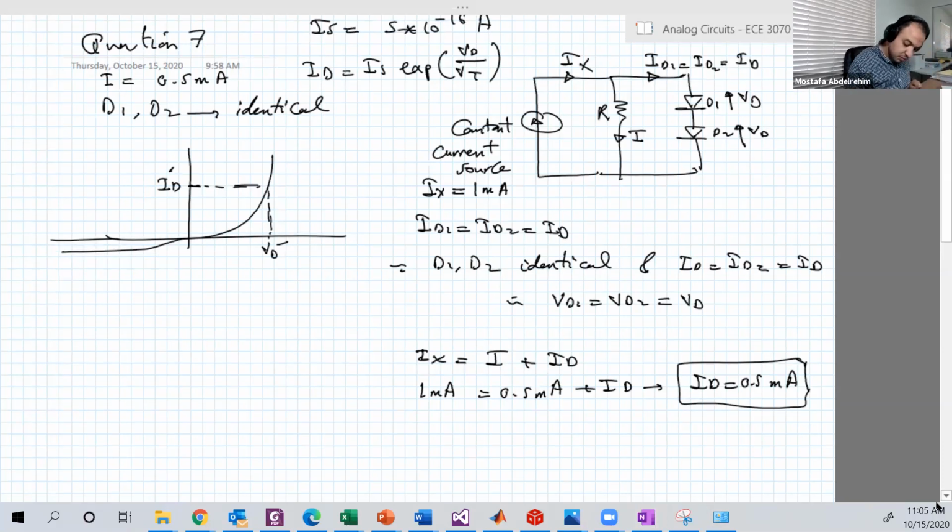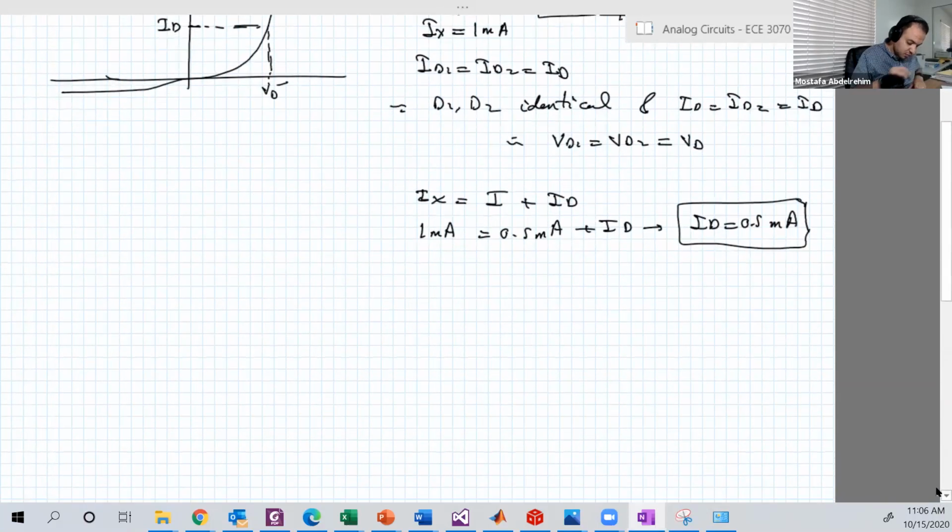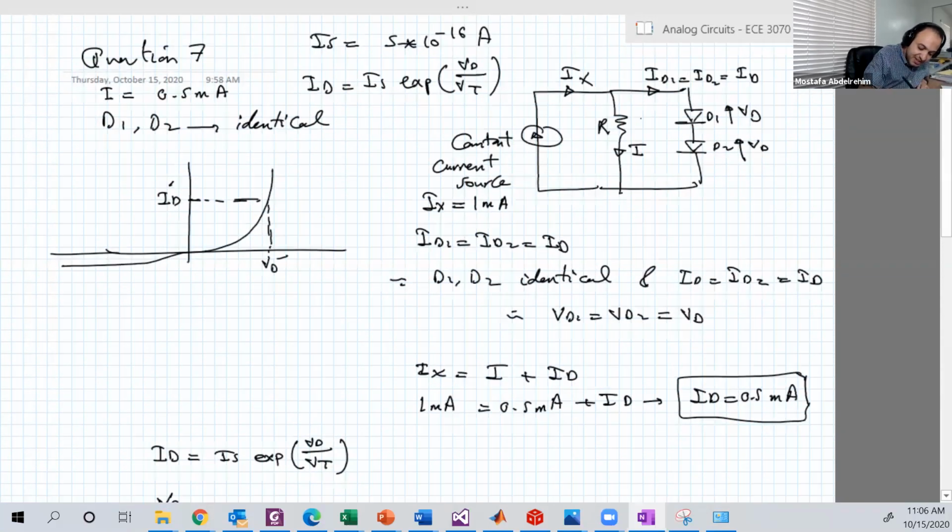Good. So ID equals IS exponential VD over VT. Okay, that's I. And VR, the voltage across the resistor, this is this guy, VR, is equal to IR.